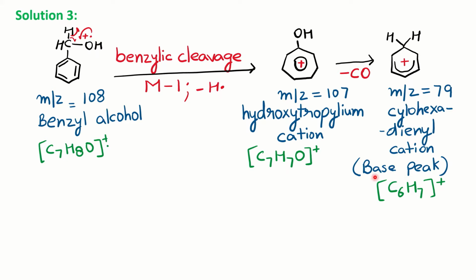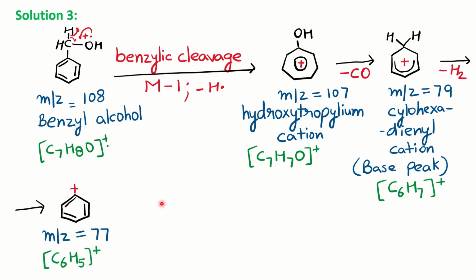That's why you can see it appear as the base peak, meaning this peak will be most intense in case of benzyl alcohol. So they may ask you a question: justify the structure of m/z 79 in benzyl alcohol, or what will be the base peak of the mass spectrum of benzyl alcohol. There are many questions they can ask you.